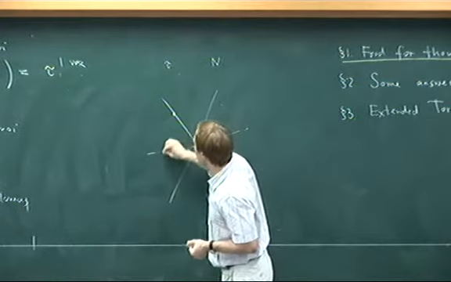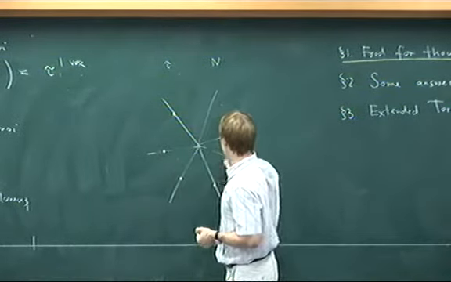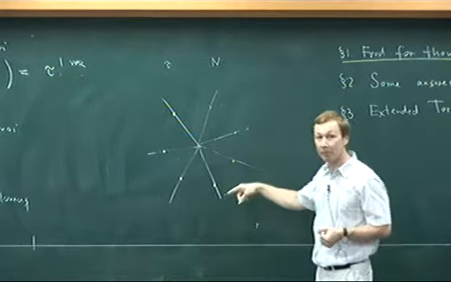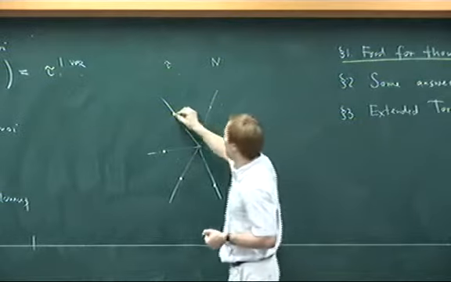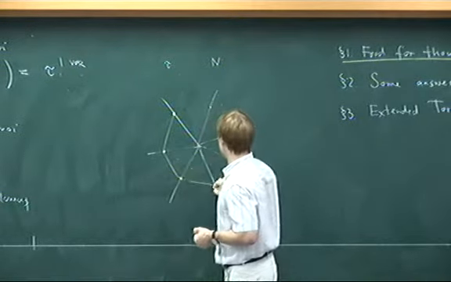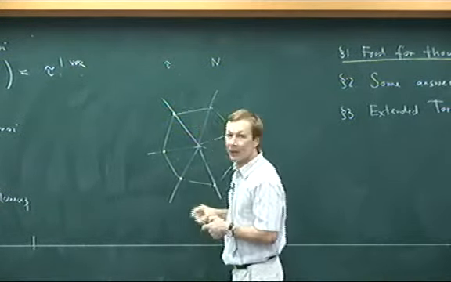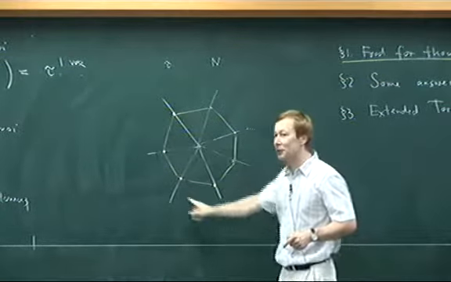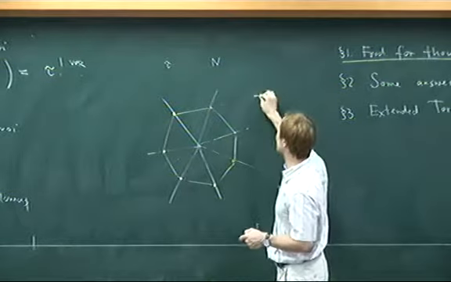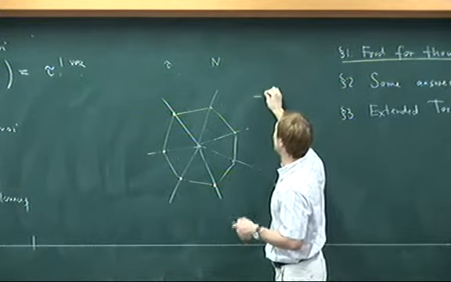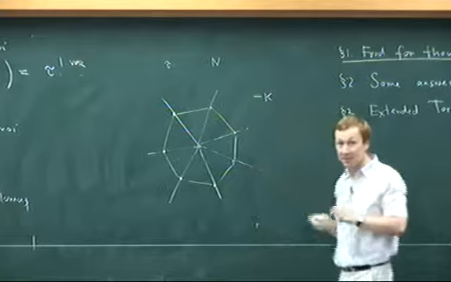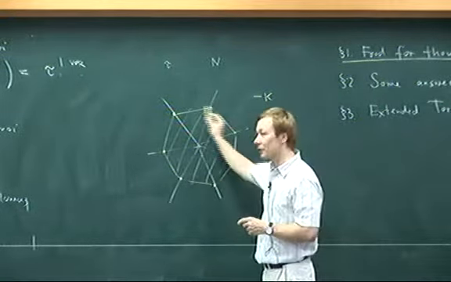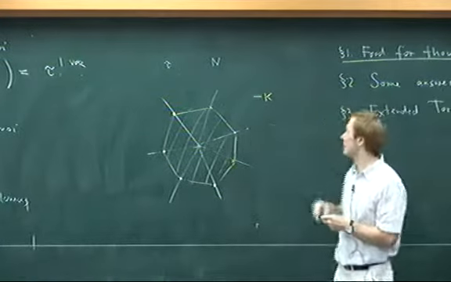Then on each ray, you look at the closest integral vector. And you connect them. The closest integral vectors correspond to the divisor minus K. And so if you get a convex figure here, then that's the condition for minus K to be ample.